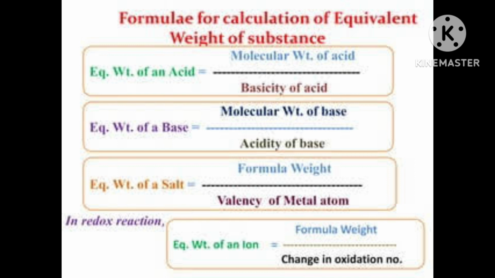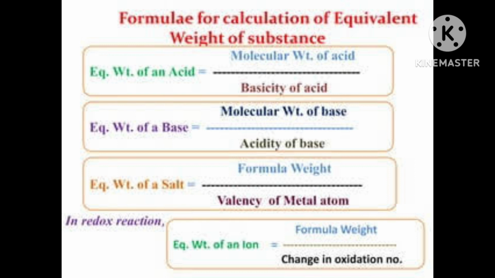Then the substance which is responsible for oxidation is called the oxidizing agent, and the substance which is responsible for reduction is the reducing agent. For oxidation, someone should be there who can take the electron; that substance will be the oxidizing agent. Suppose A is losing electron and B is taking, then B is the oxidizing agent.